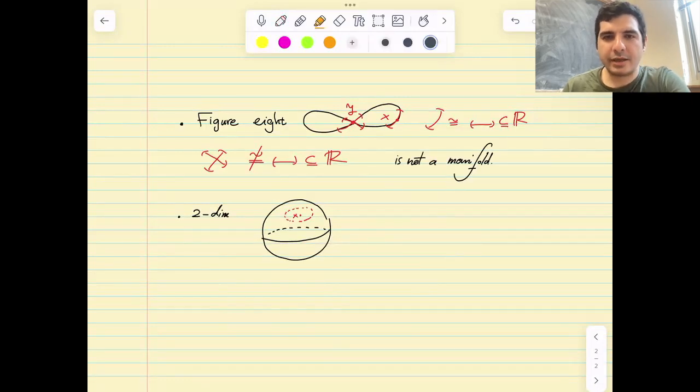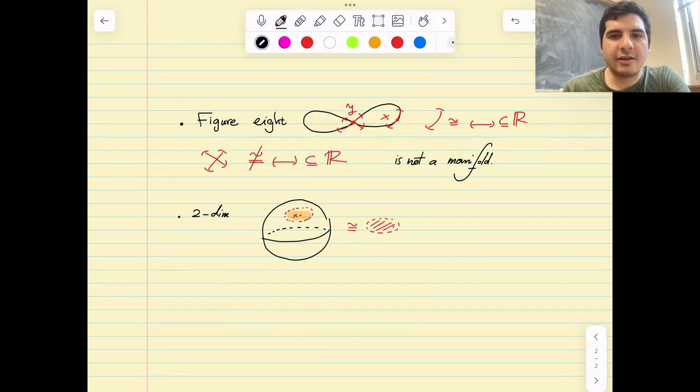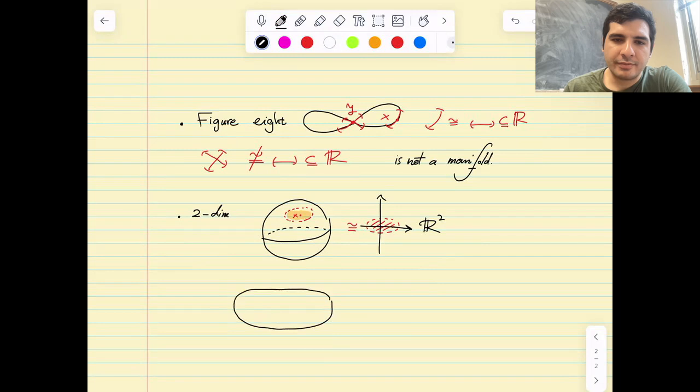Any point x you pick on the surface, you can see a small neighborhood around that point x looks like a small open subset of R2, right? Since this is the case for every point x on this sphere, we would say this sphere is a two-dimensional manifold.